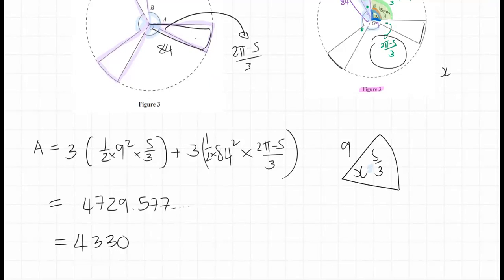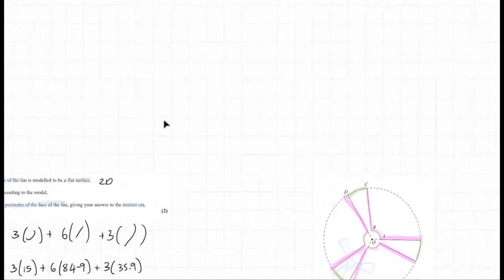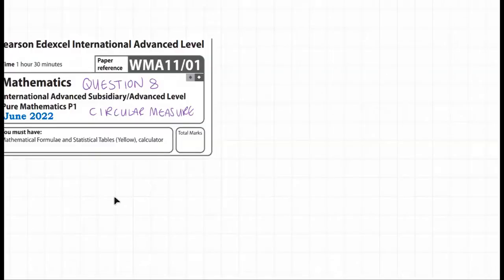So 4730 is the area of our flat fan in 2D, in centimeters squared. And that was question 8, number C. All looks good. Fantastic.